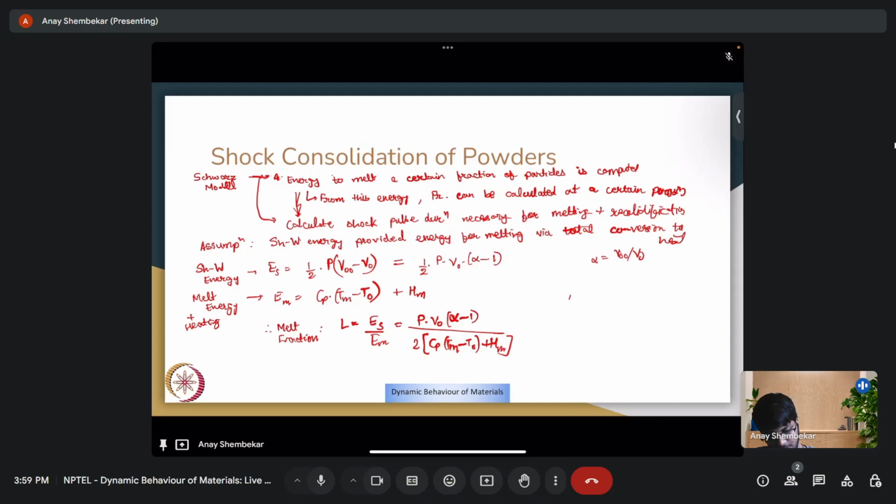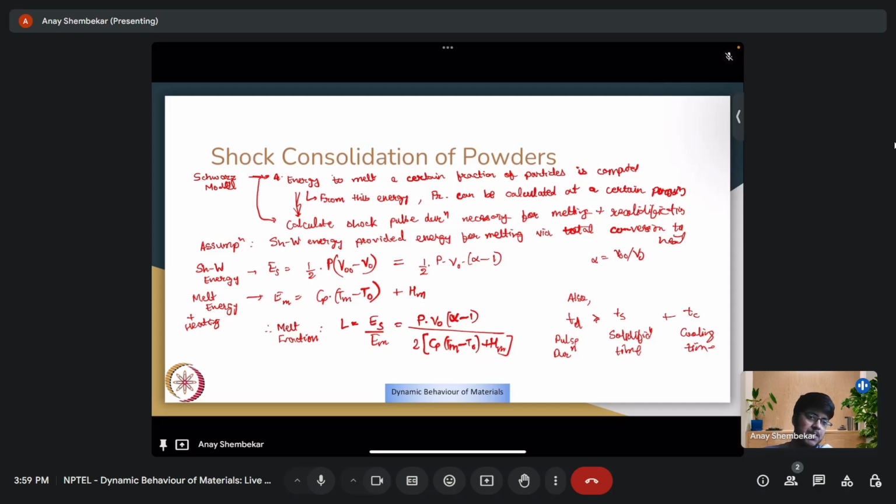And we also have the condition that the pulse duration Td must be greater than or equal to solidification time plus Tc, which is the cooling time.